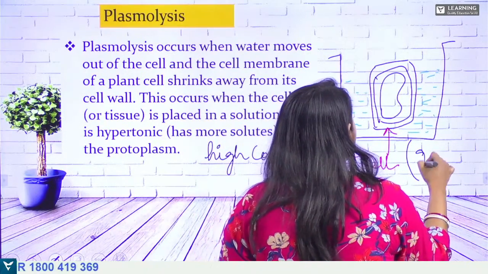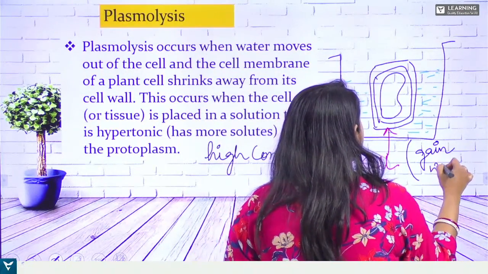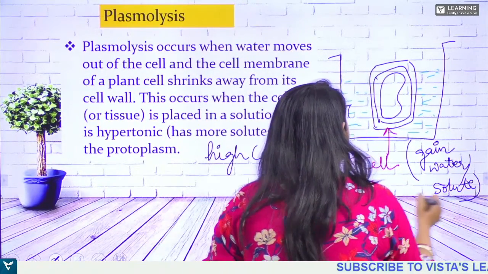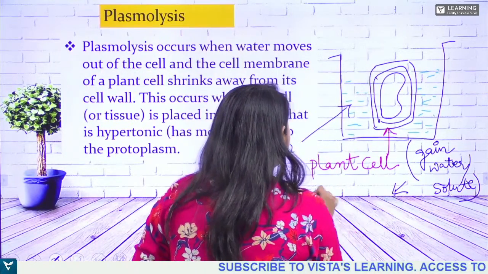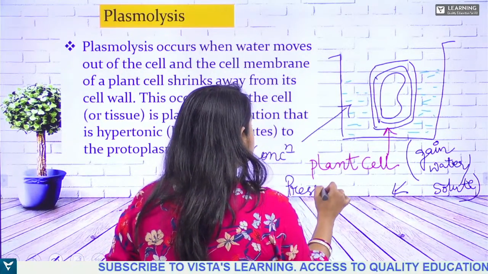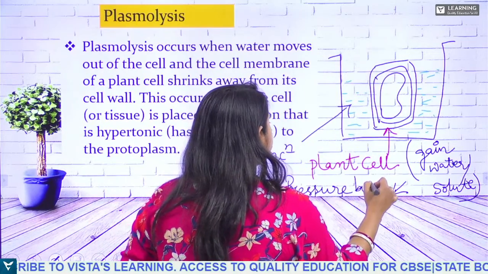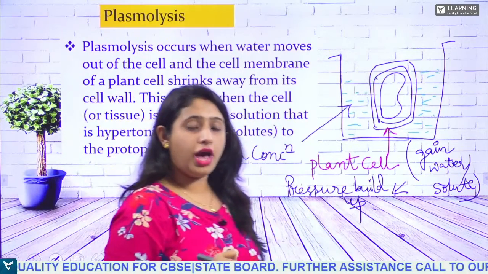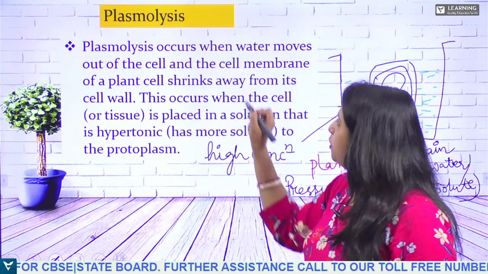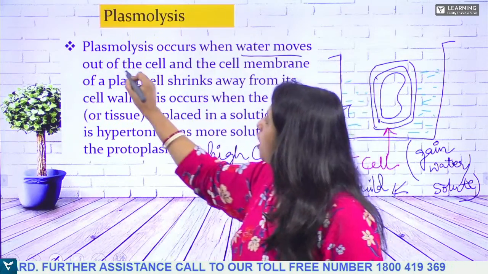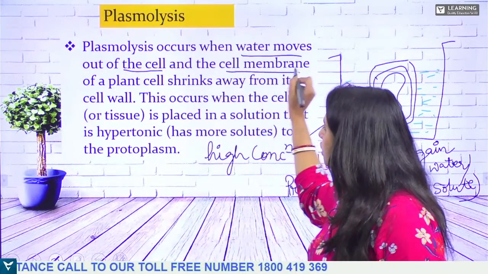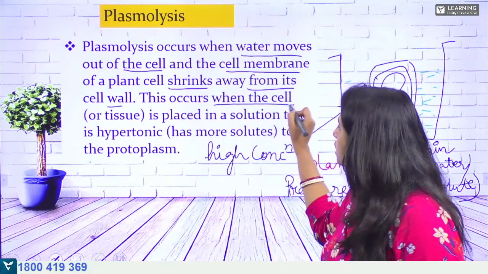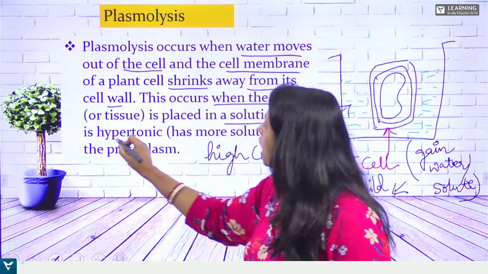The cell will gain water or solute, and pressure will build up. That process is known as plasmolysis. Plasmolysis occurs when water moves out of the cell and the cell membrane of the plant cell shrinks away from its cell wall. This occurs when the cell is placed in a solution that is hypertonic.